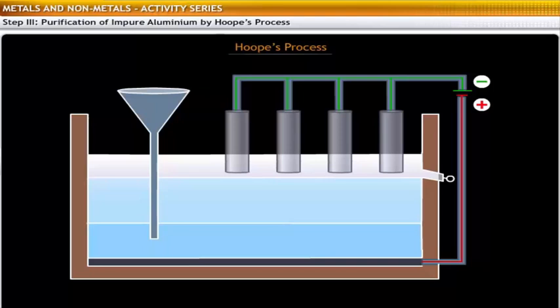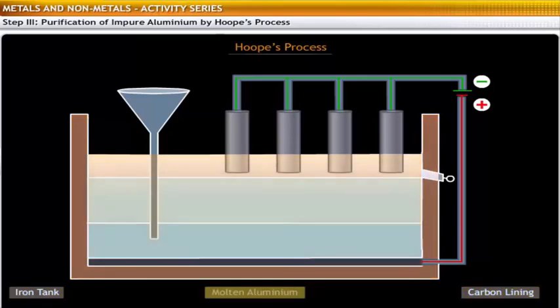Hoop's cell consists of an iron tank lined at the base with carbon, and 3 layers of molten aluminium with different densities to prevent their mixing. The upper layer of the electrolytic cell consists of pure molten aluminium with a series of carbon rods that serve as the cathode.